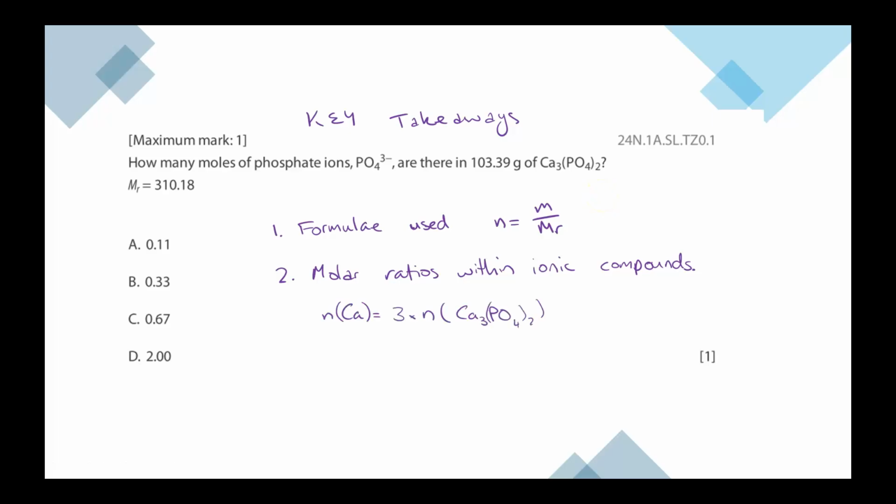So, for example, if they'd asked us about calcium, because we've got this little 3 here, it would be 3 times the moles. See, that multiplies there. And if they had asked about oxygen in particular, which sometimes you'll see, it would have been 8, because there are 4 oxygens here, but it's times 2. So we've got to remember to make sure we're dealing with those as we do our questions.